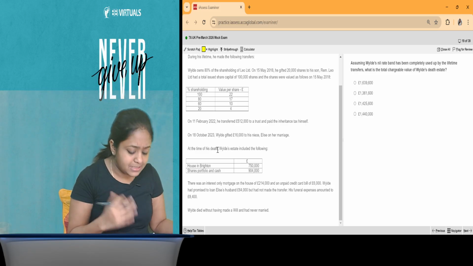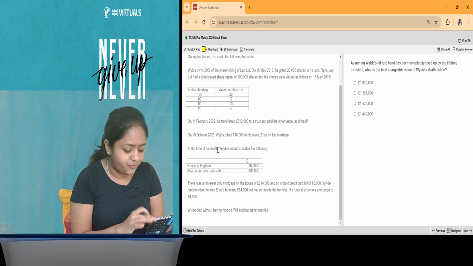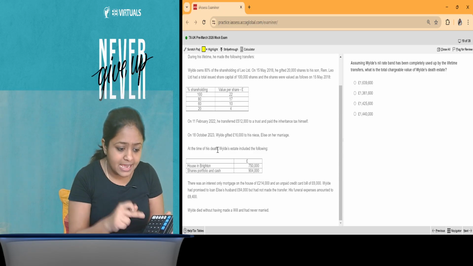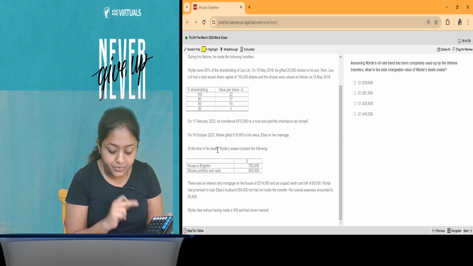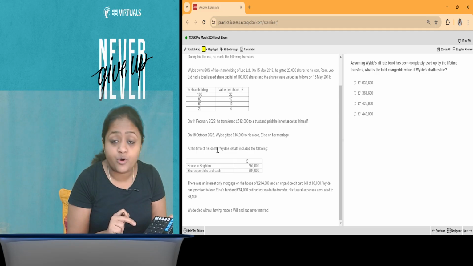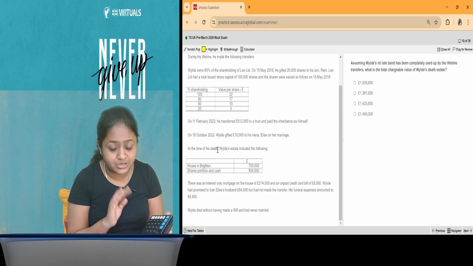Okay, so you simply do it on the calculators, guys. You don't need to write it down. 750,000, that is the house in Brinton, less 214,000, the interest-only mortgage against it. Add 904,000. You get 1,440,000. Okay, that is 1,440,000 that you are getting.